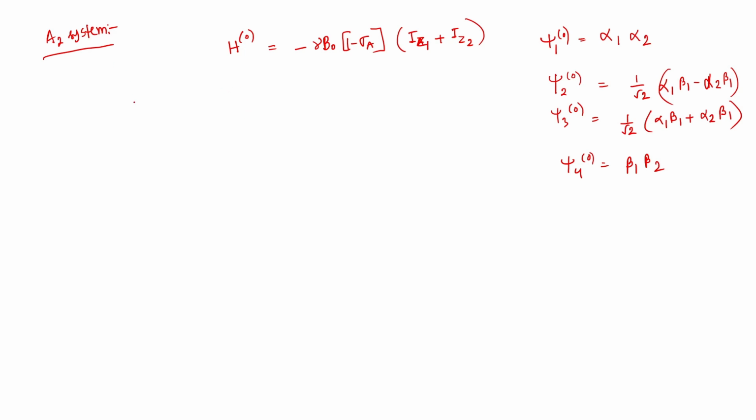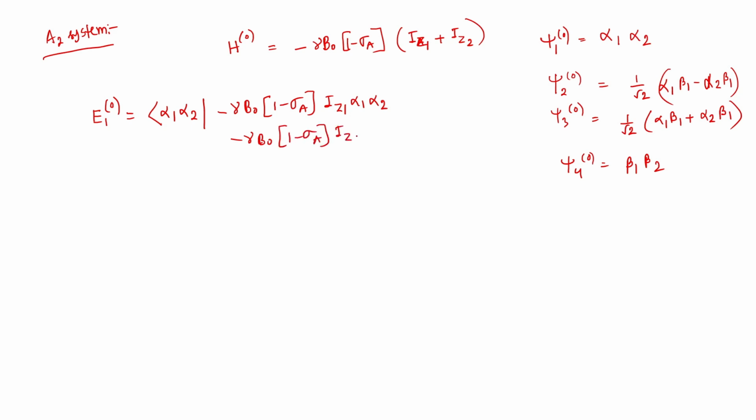So now the energy for the first one is going to be alpha 1 alpha 2, minus gamma B naught (1 minus sigma A), and this doesn't really matter right now, I_z1 working on alpha 1 alpha 2, and then gamma B naught (1 minus sigma A), I_z2 working on alpha 1 alpha 2.